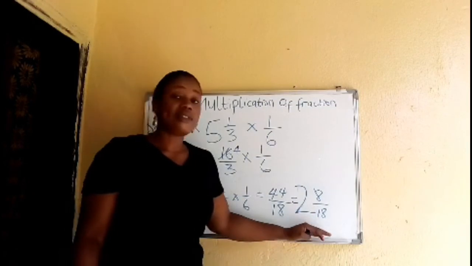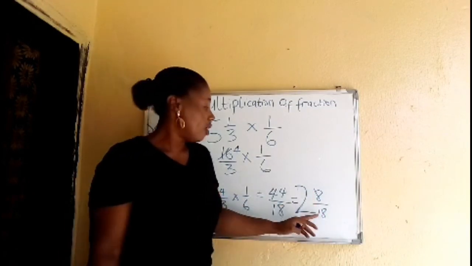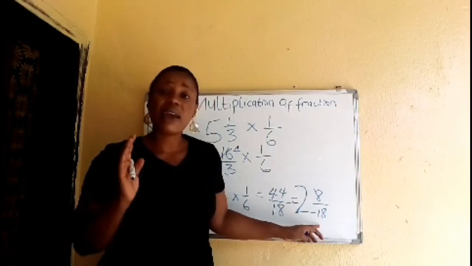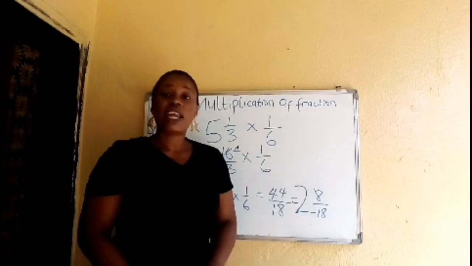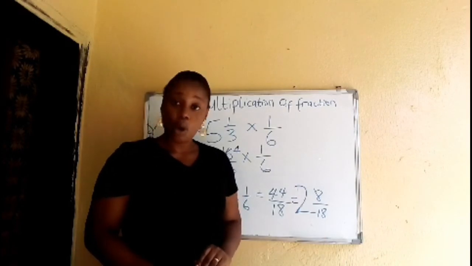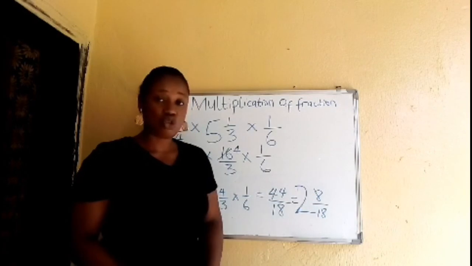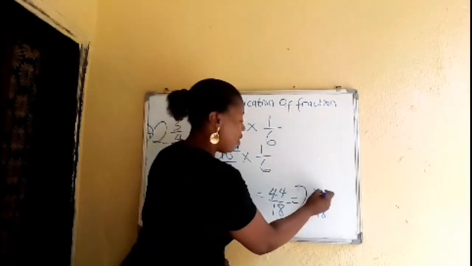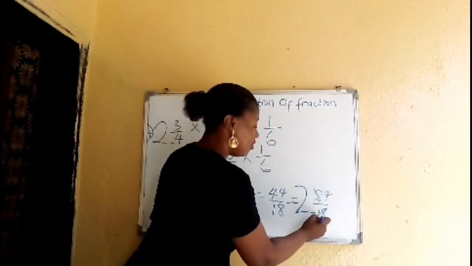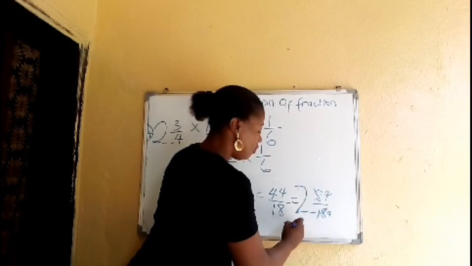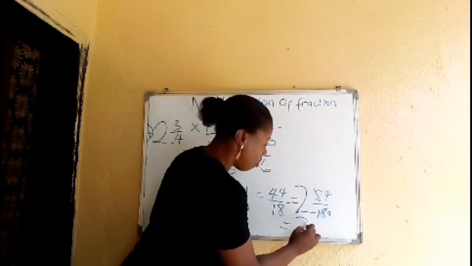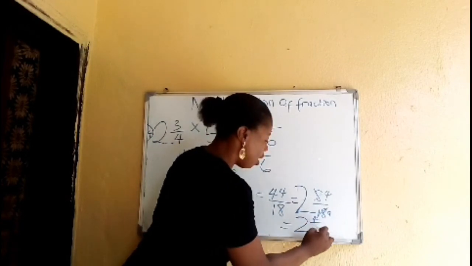Now, if you look at this final answer, you have 8 and you have 18. They still have a common multiple. So make sure that your work is divided until there's no common multiple in it. So the common multiple here is 2. So 8 divided by 2 is 4 and 18 divided by 2 is 9. So the final answer here is 2 whole number, 4 over 9.